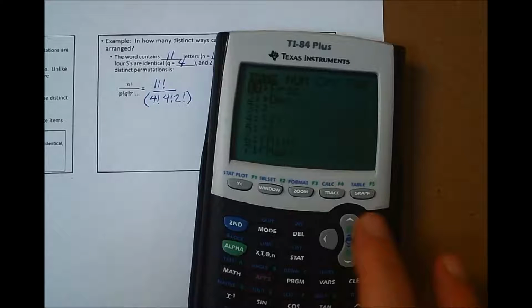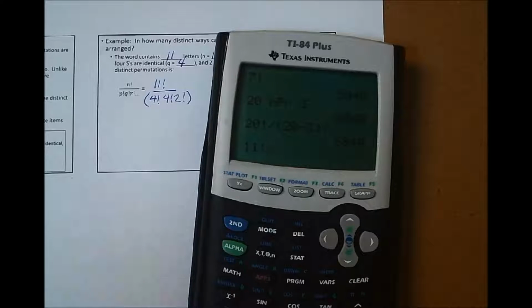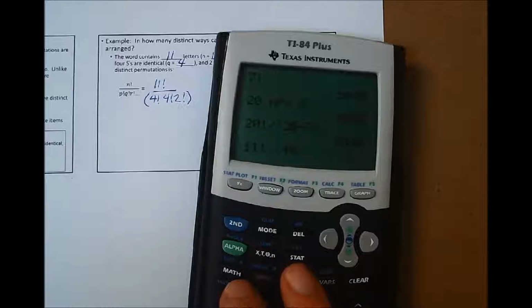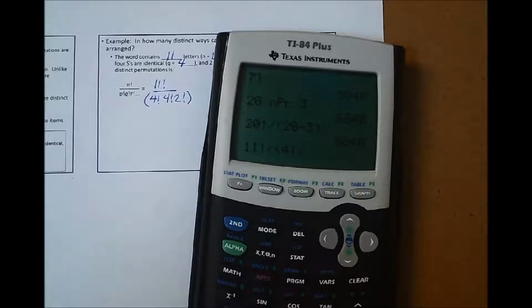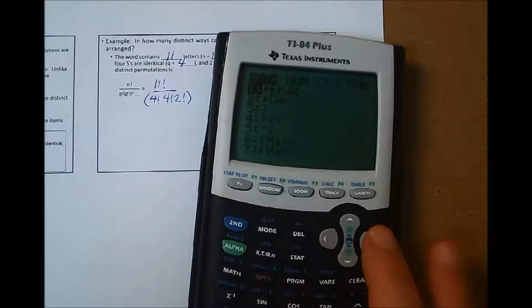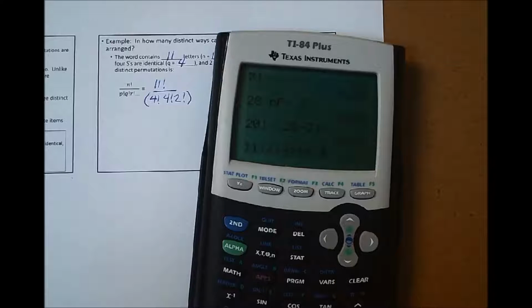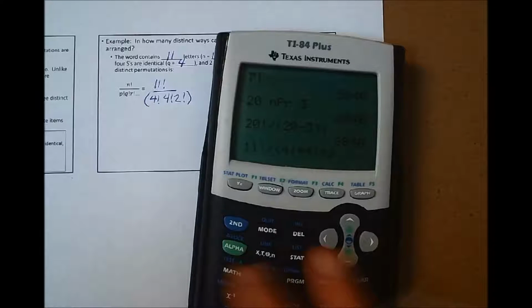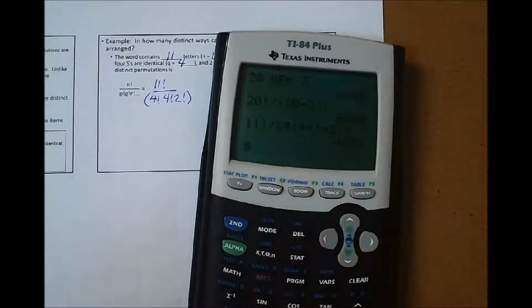So 11 factorial divided by parenthesis 4 factorial times 4 factorial times 2 factorial. And there's your answer, 34650.